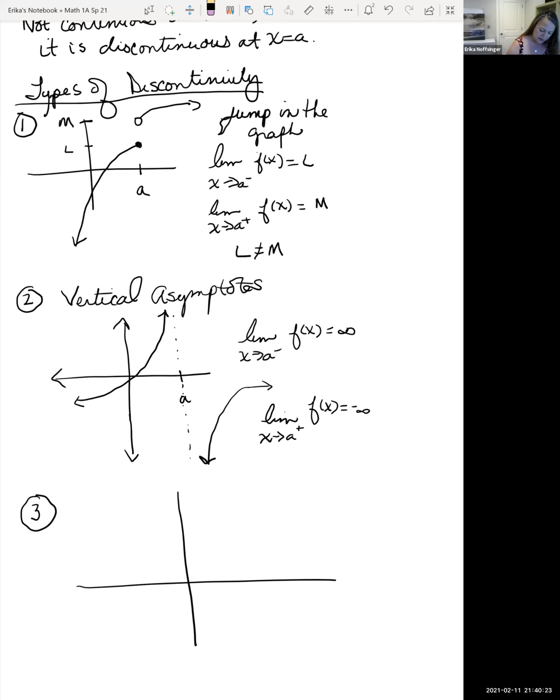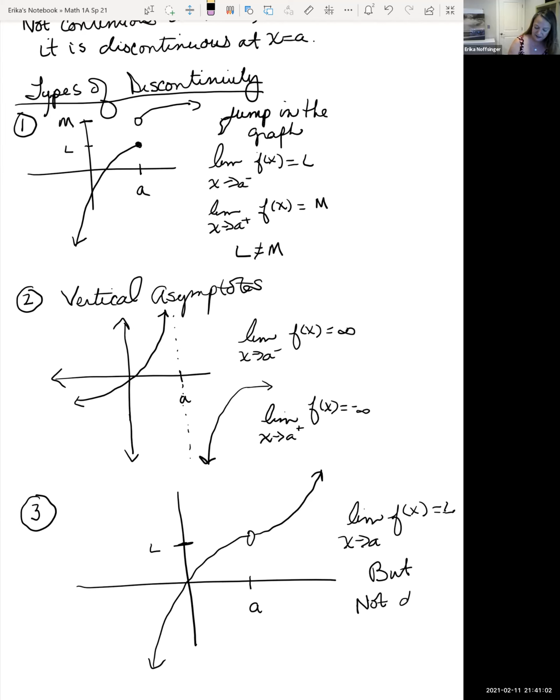So recall, we could have a graph where there was an open circle at x equals a, but the limit exists. As we got closer and closer to a on the left and on the right, we still got the same y value. But in this case, the limit as x approaches a exists and is equal to L, but the condition that doesn't hold is that it's not defined at f of a.